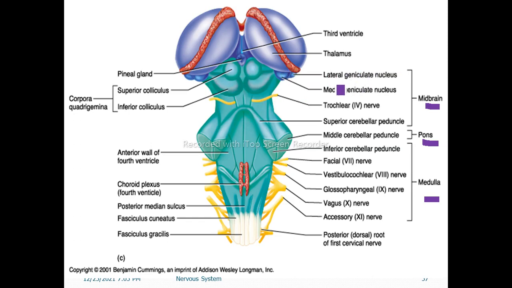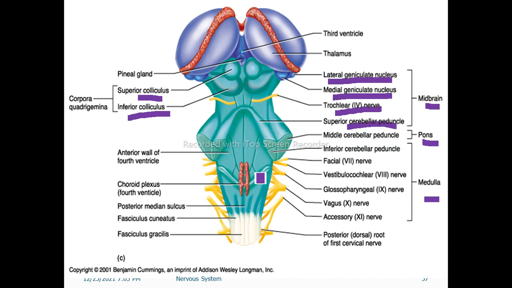Midbrain has different nuclei: lateral geniculate nucleus and medial geniculate nucleus, and the trochlear nerve or cranial nerve 4, and superior cerebellar peduncle are found on the midbrain. Similarly, corpora quadrigemina contains superior colliculus and inferior colliculus. This is also found on the midbrain.